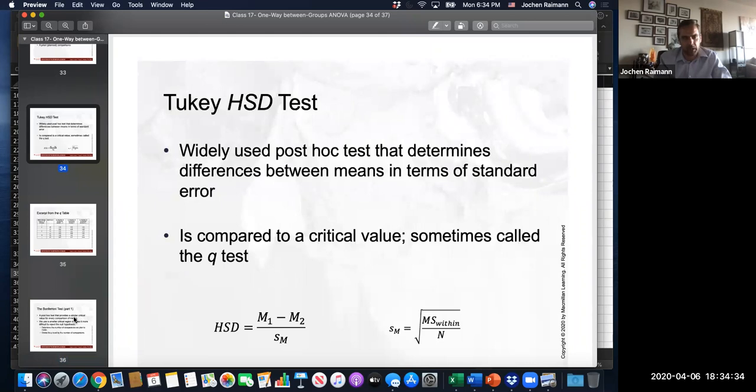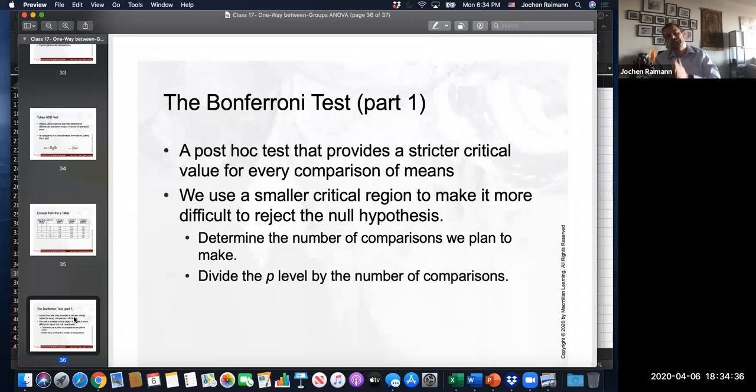Bonferroni, I just need you to understand the concept. So Tukey essentially uses the Q statistic, calculates the difference and divides it by the standard error of the mean, and the standard error of the mean is calculated based on the variability within the group. So that's all you need to know from Tukey.